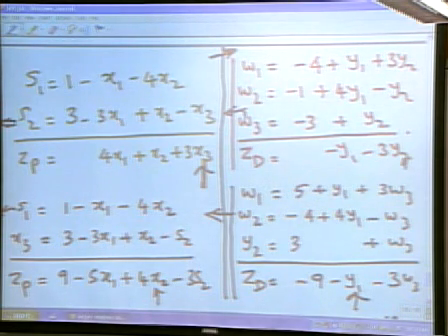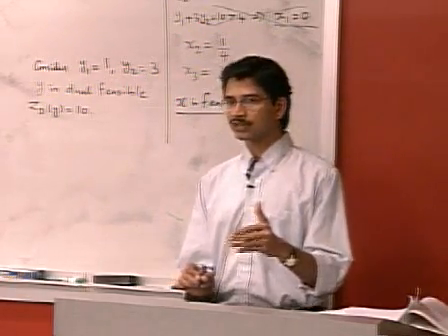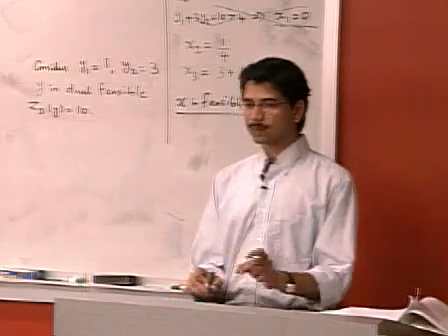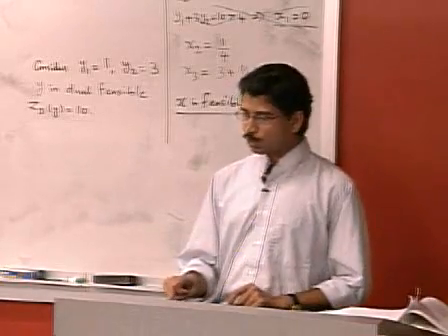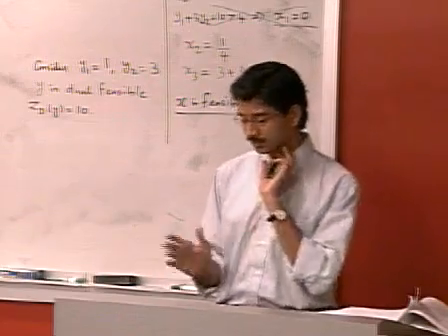So the analog is that the primal simplex method always starts with something with a positive coefficient here, figures out what the entering variable is, and then once you decide the entering variable, you decide what the leaving variable is so that the resulting dictionary is still feasible. So you're always going to maintain feasibility and work towards optimality. Here, you're always going to maintain the optimality conditions and work towards feasibility. So this is the primal simplex method. This is the dual simplex method.